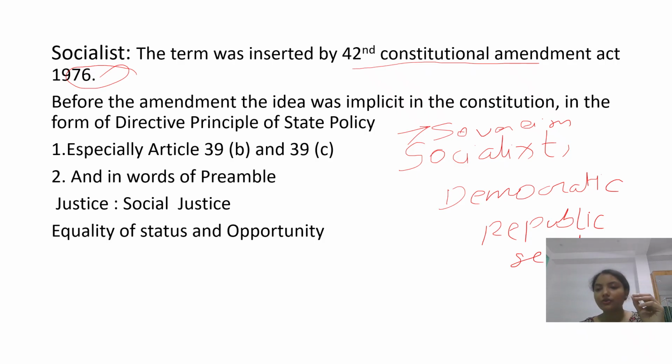Where do we find the socialist principle in the Constitution of India? Directive principle of state policy, part 4 of the Constitution. The aim of the directive principle is to make a welfare state.